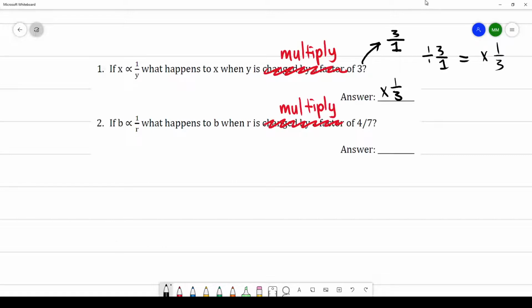So remember how I talked about when you divide a number, so 3 over 1, that's the same thing as timesing it by switching the numbers around, top and bottom. So 3 over 1, 1 over 3.